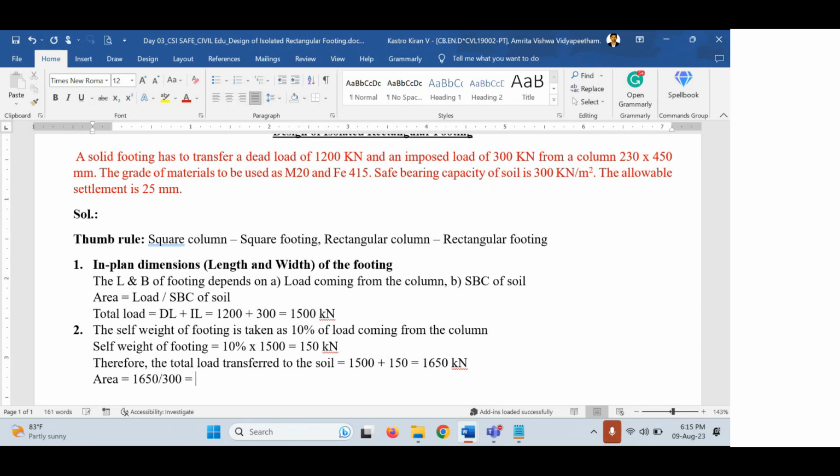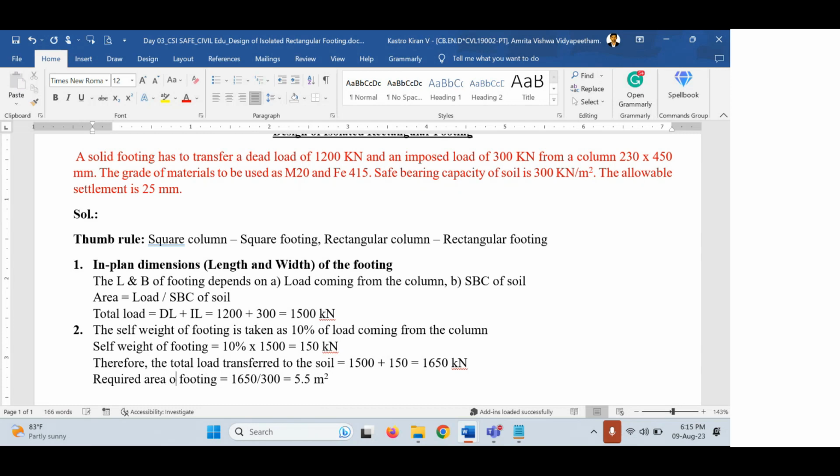When you solve this, the value of area will become 5.5 square meter. So this is the required area of footing. This is how you find out the area of footing.